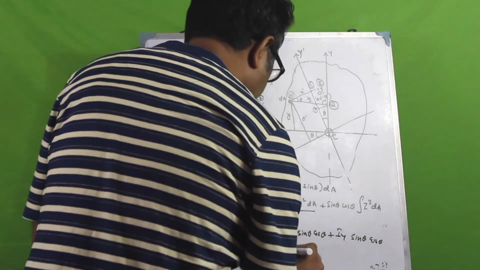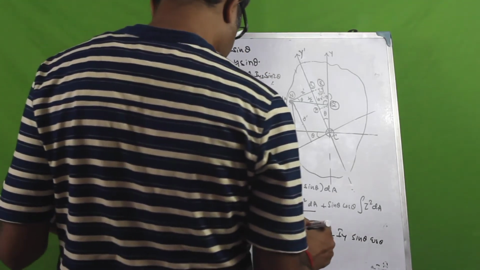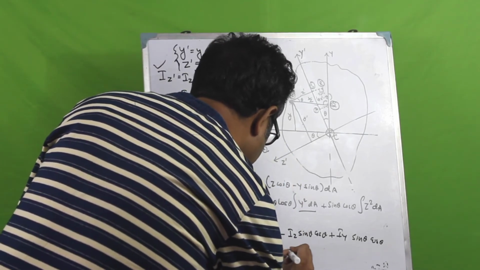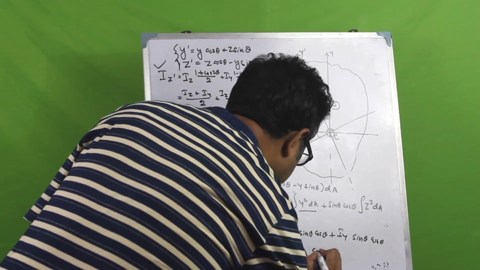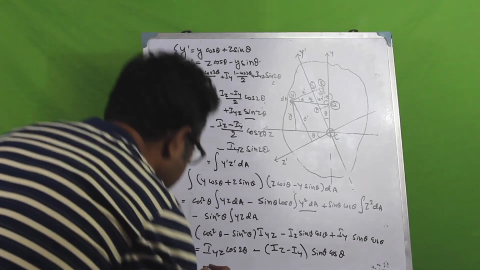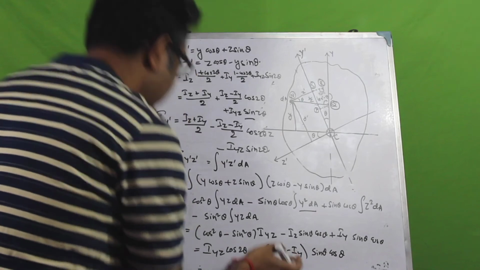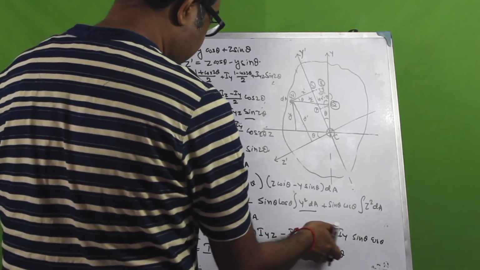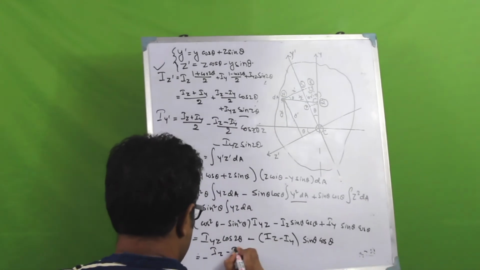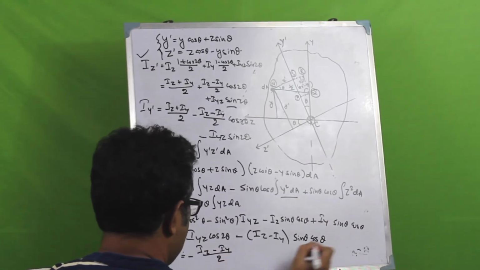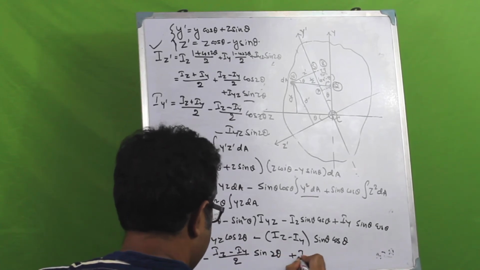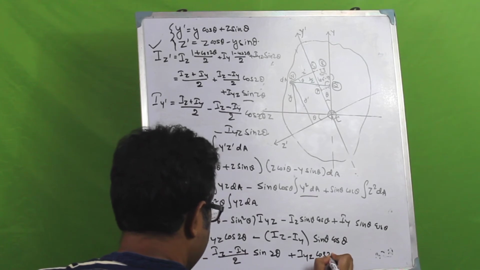So if I take minus here, then it would be Iz minus Iy sin theta cos theta, and if I take a division by 2 and multiply by 2, then this would become equal to Iz minus Iy by 2, and 2 sin theta cos theta would mean this is sin 2 theta, plus Iyz cos 2 theta.